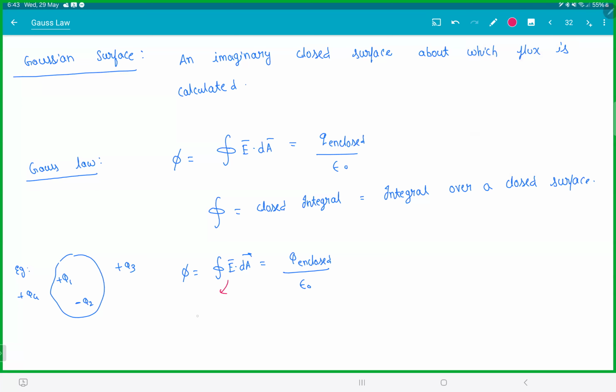This E bar is the field due to all charges, so Q1, Q2, Q3, Q4, all charges. Whereas Q enclosed is only the enclosed charges, which is Q1 minus Q2 in this case.